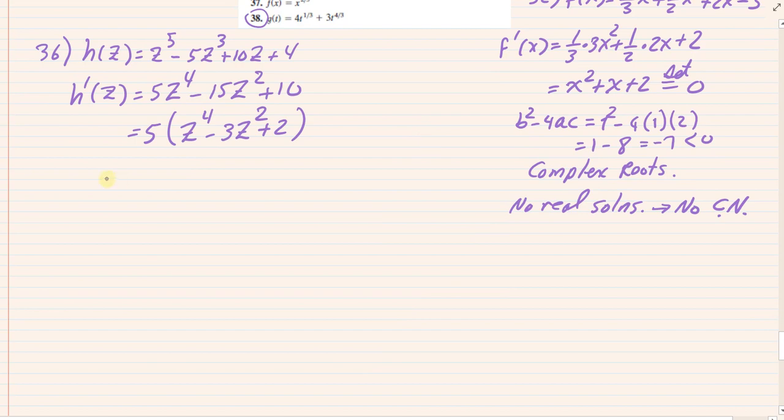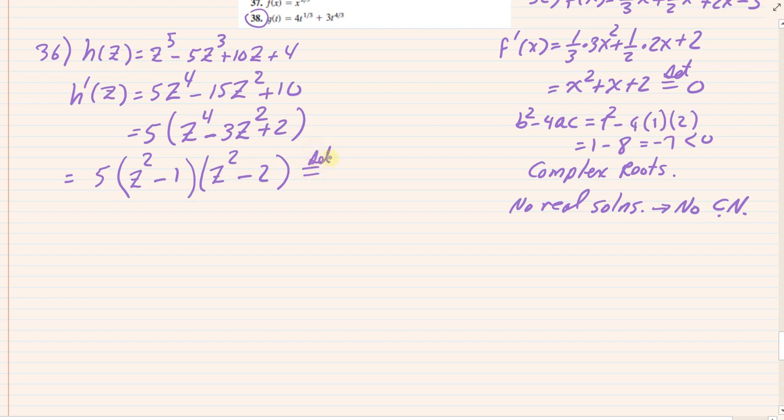That means we may be able to see them as binomials, as quadratic expressions, which is product of binomials. So I'm going to go z squared, that product is z fourth, and then two numbers multiply to 2, middle value negative 3, let's go negative 1, negative 2. Okay, so that would be the factored form of this one.